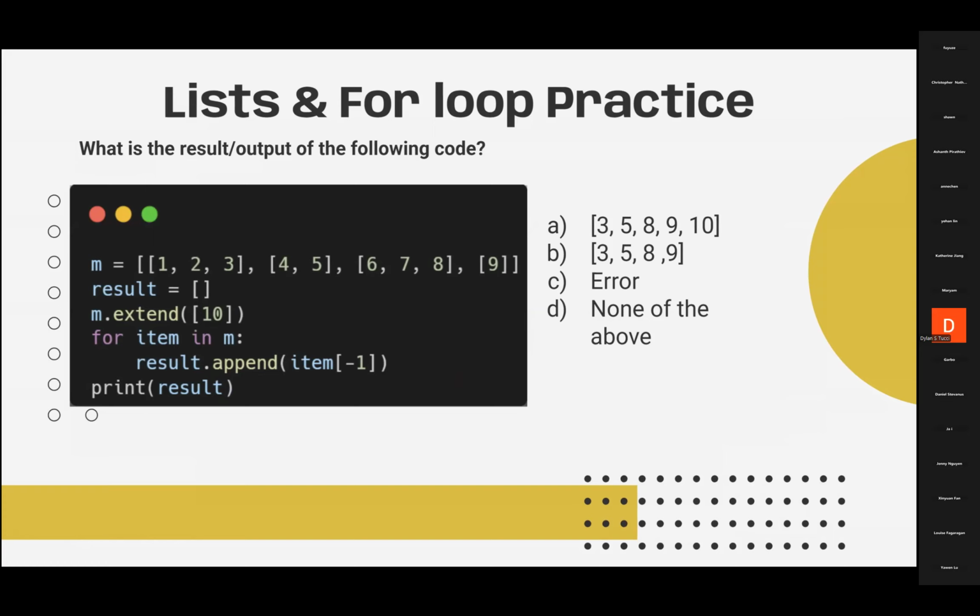So it will append a 10 at the end of the list and then traverse through the whole thing. And I remember I told you that negative index -1 means the last element. So what's the result? I will give you 20 seconds.